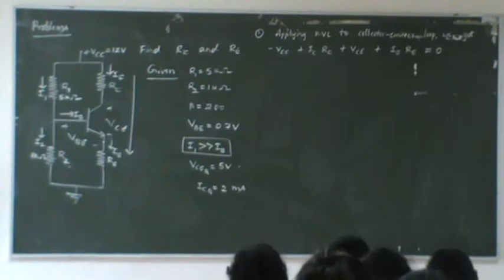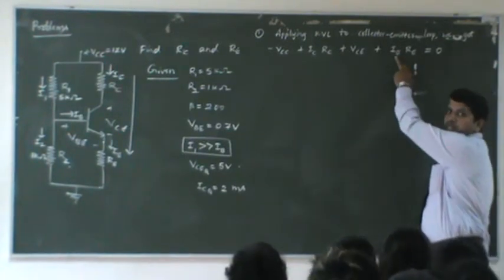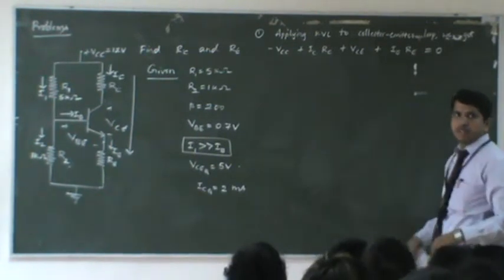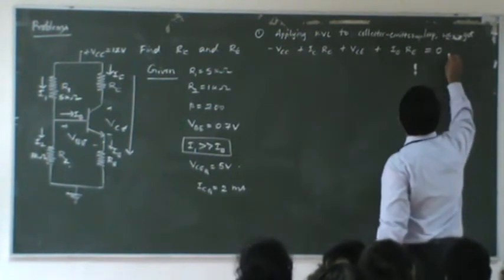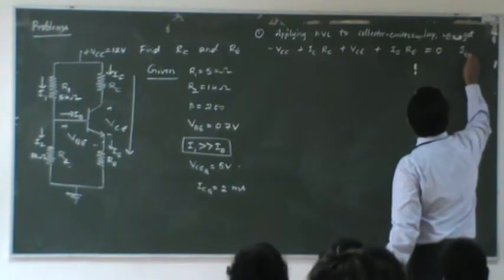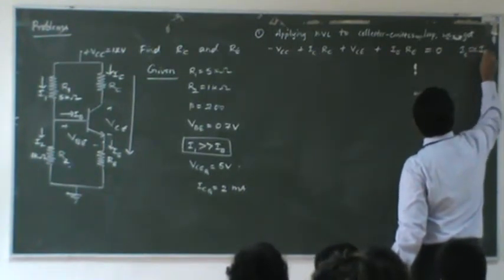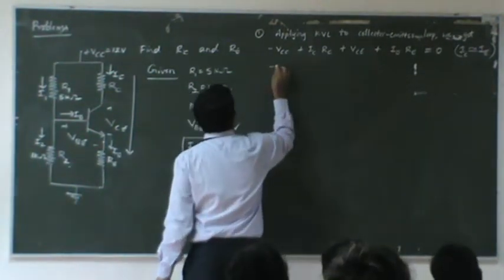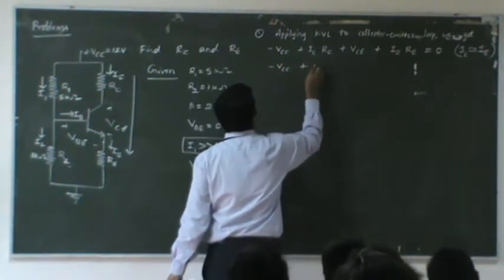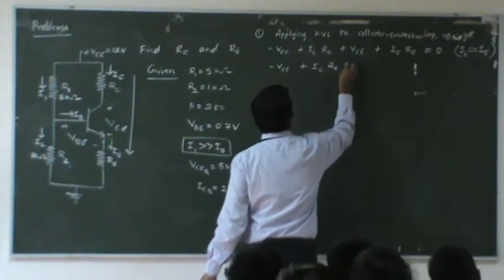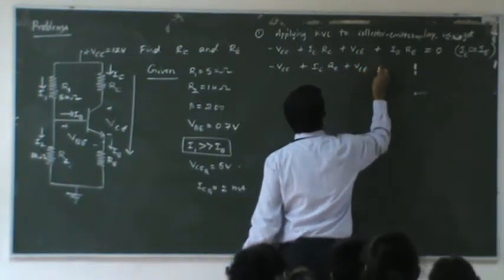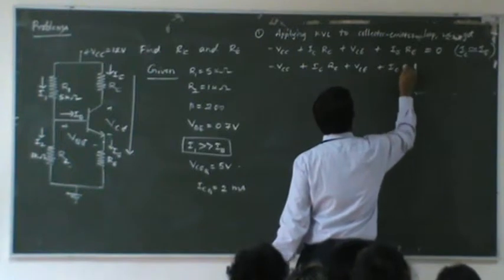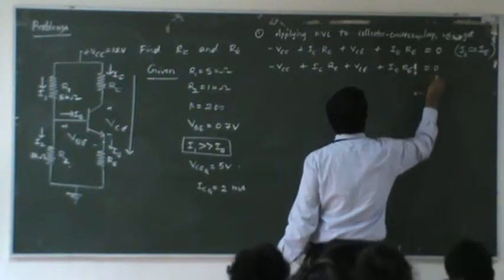Look at this. Any modifications which can be done for this equation? IE can be approximated to IC. Since IC is approximately IE, what will be this equation? Minus VCC plus IC RC plus VCE plus IC times RE is equal to 0.